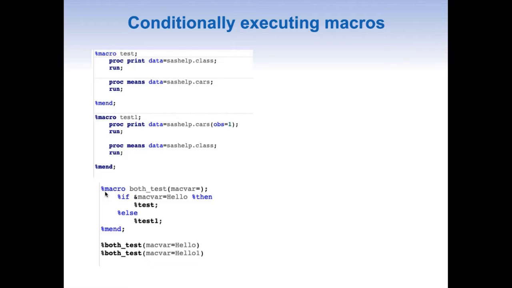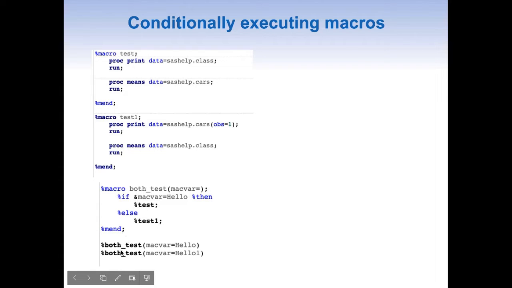In here I have a new macro which I am creating, and here I have %if &macvar equal to hello %then %test, which means when macvar, if I pass the value of hello, it will execute this macro. If we pass a value of macvar which is not equal to hello, it is going to execute the test1 macro.